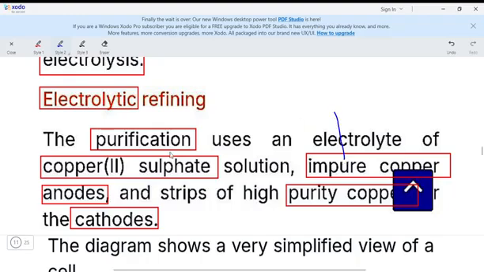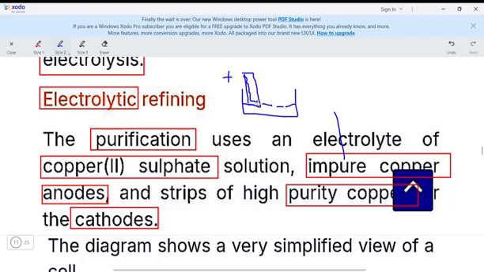That impure copper you will now use to form the anode. Remember the copper sulfate represents the electrolyte. There will be an anode here, and an anode is a positive electrode. That anode is where you have your impure copper.